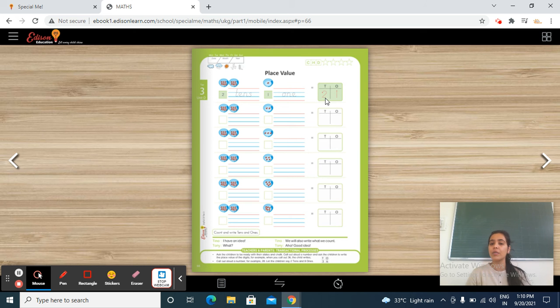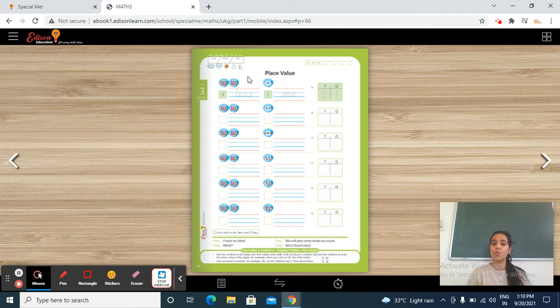Like if we are talking about this number 21, 2 is having a different place value and 1 is having a different place value. So how we will say? We will say 2 tens. So 2 is having a place value of tens and 1 is having a place value of ones, right? So we will say 2 tens, 1 ones, right? So in this way we have to cover this whole worksheet.